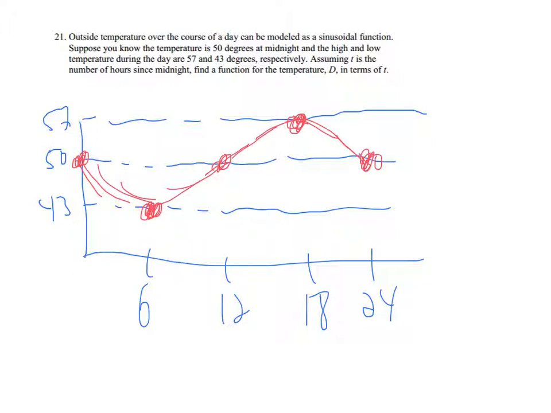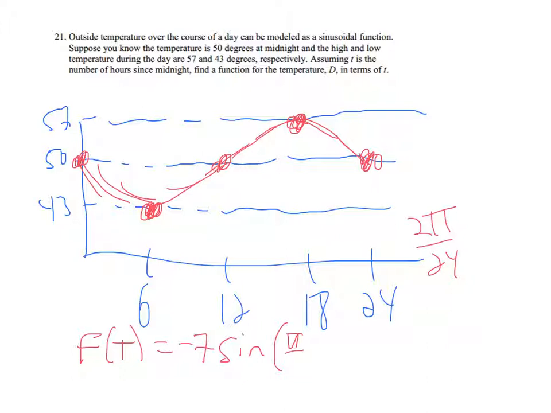Okay, so we know it's f of t or y or whatever you want to write. We know the amplitude is 7. We know it's negative because it's reflected around that line y equals 50 or around the x-axis, depends on what you want to look at. We said it was a sine graph. We know the period is 24, so 2 pi over 24 is pi over 12.